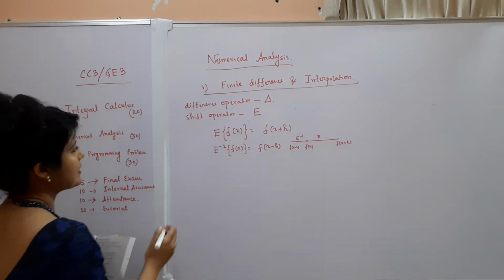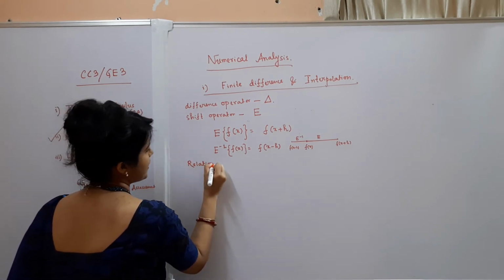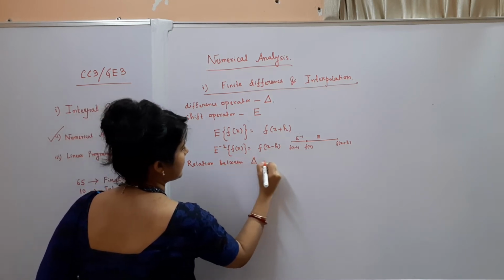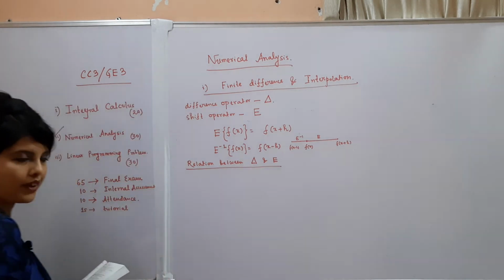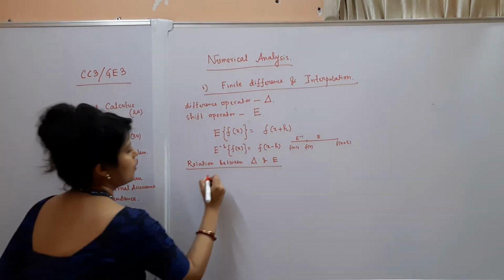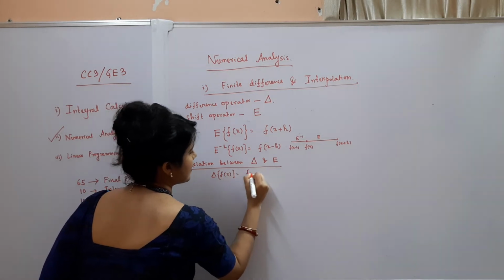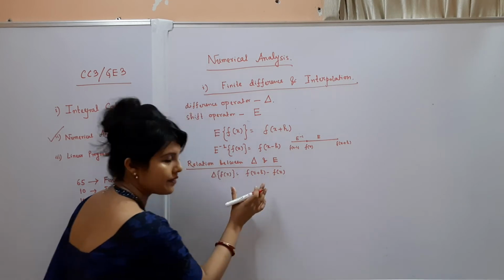Okay, so now there is a relation between delta and E. This relation is very important. Whenever delta is applied on f of x, you will get f of x plus h minus f of x, the difference.